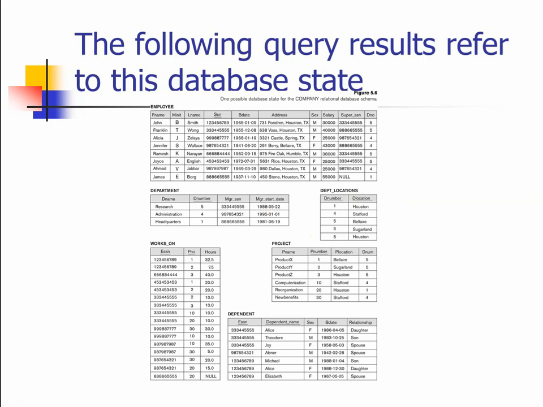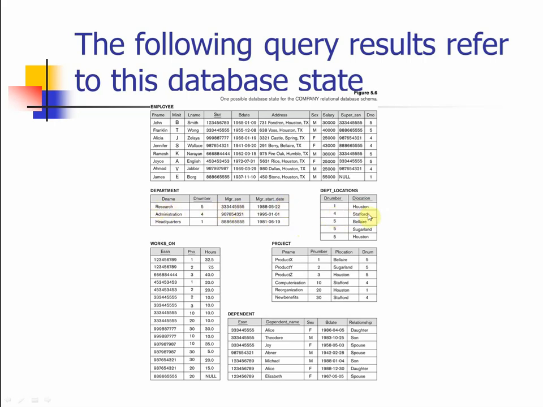So how do we create 15 tuples? It will take Research and then append the first row of the department locations. Then you go into Administration, and append the same information at the back of it. Headquarters, append the first tuple from department locations at the back of it. And then you repeat the whole process.